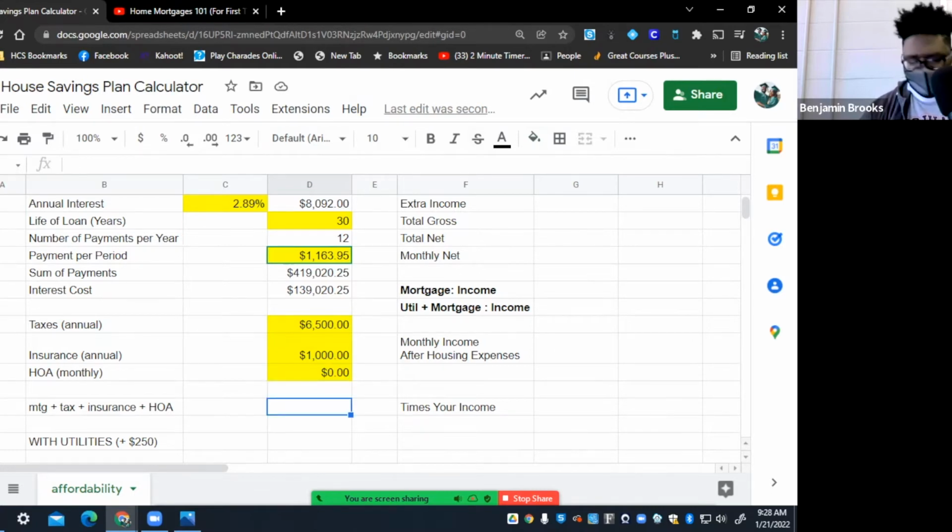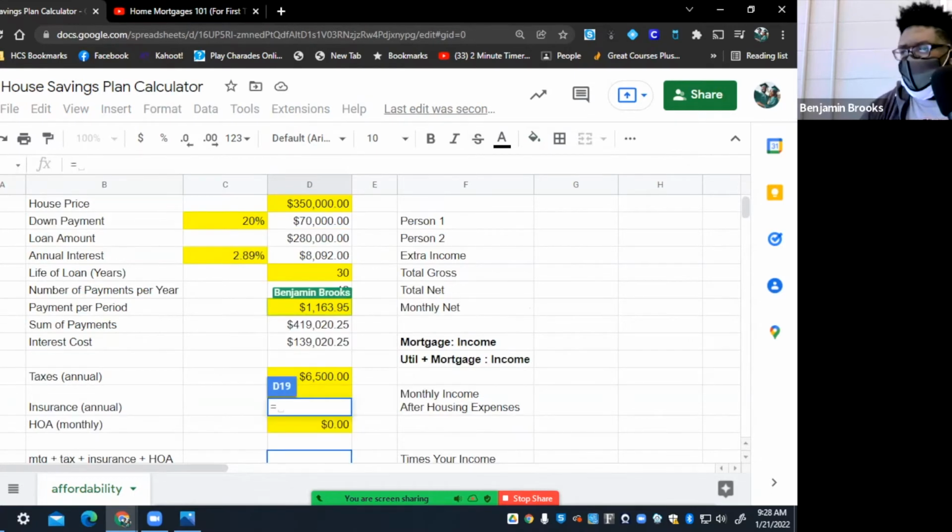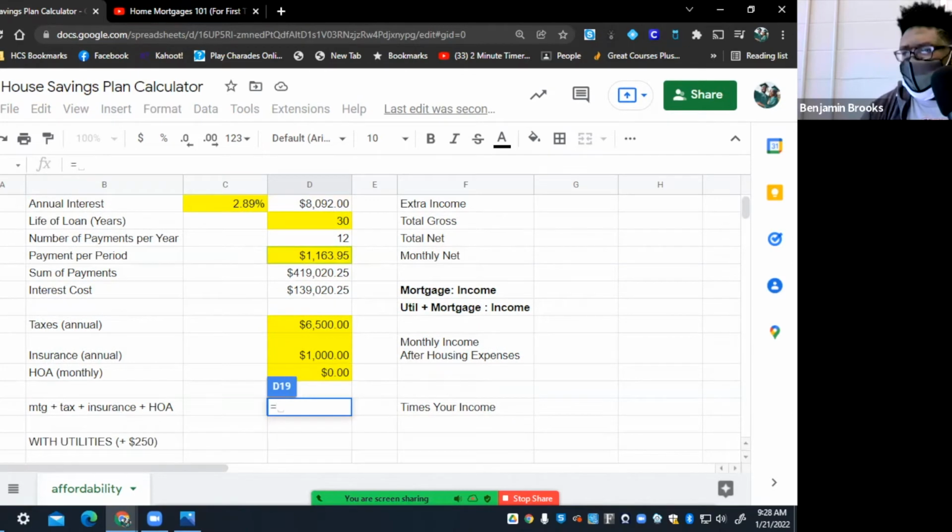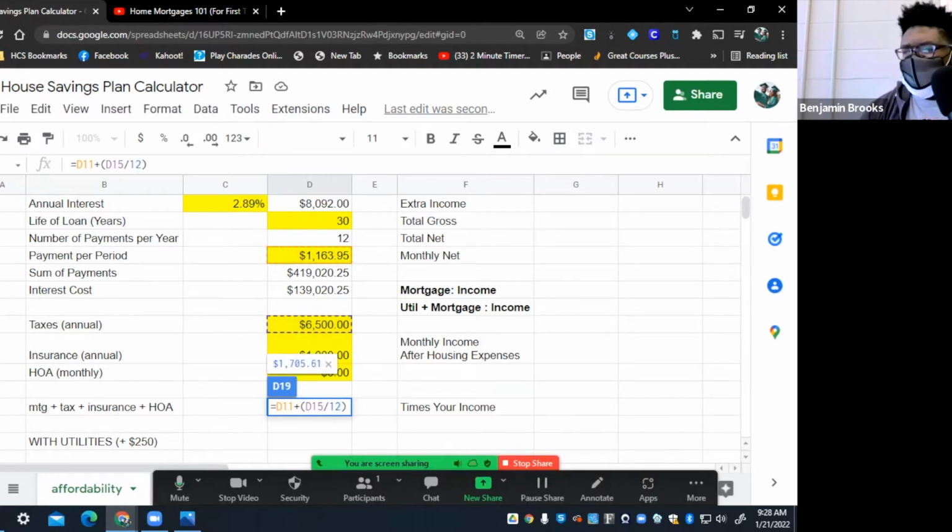So what we're going to do is hit equals D11 plus we're going to take our taxes and divide by 12. I put everything in parentheses, but you probably don't have to.